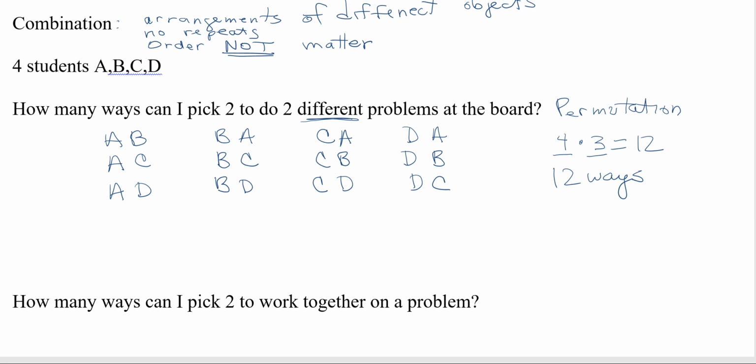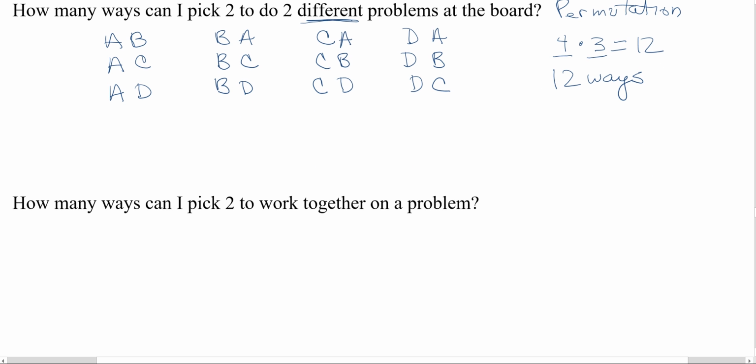Instead, same 4 students, how many ways can I pick 2 of them to work together on a problem? Here, order does not matter, so this is a combination. So we could have A work with B, A work with C, A work with D, that, well, B is already working with A, B could work with C, B could work with D. C is already working with A and B, C could work with D. And we've already got D working with everybody else.